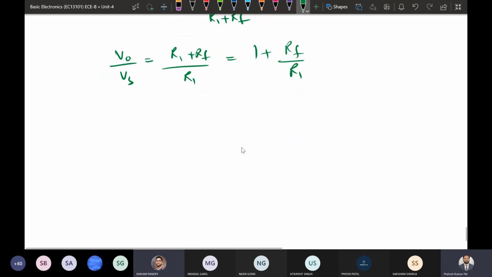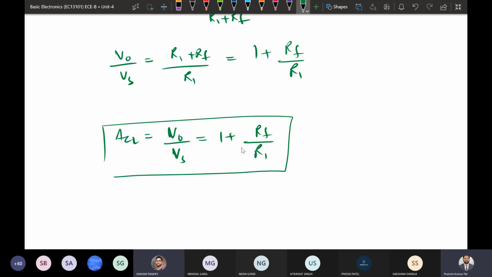So that is the closed loop gain with approximate analysis: Vo divided by Vs is equal to 1 plus Rf by R1. So this is the approximate analysis that we have done initially.